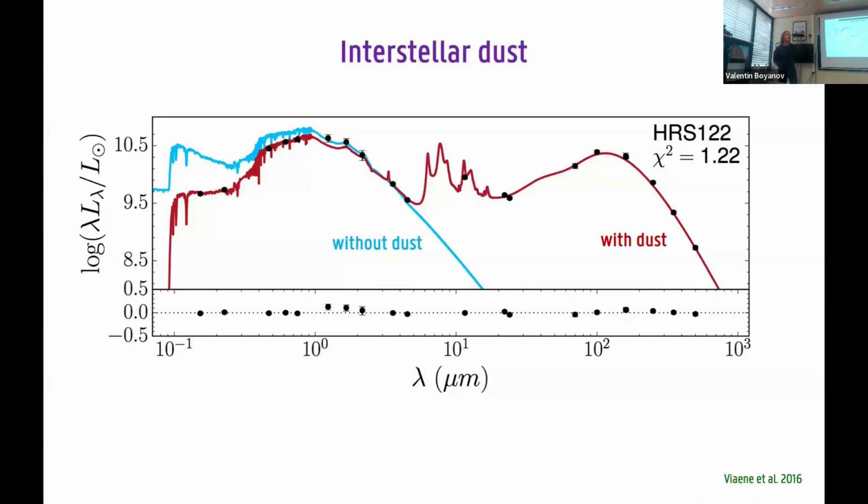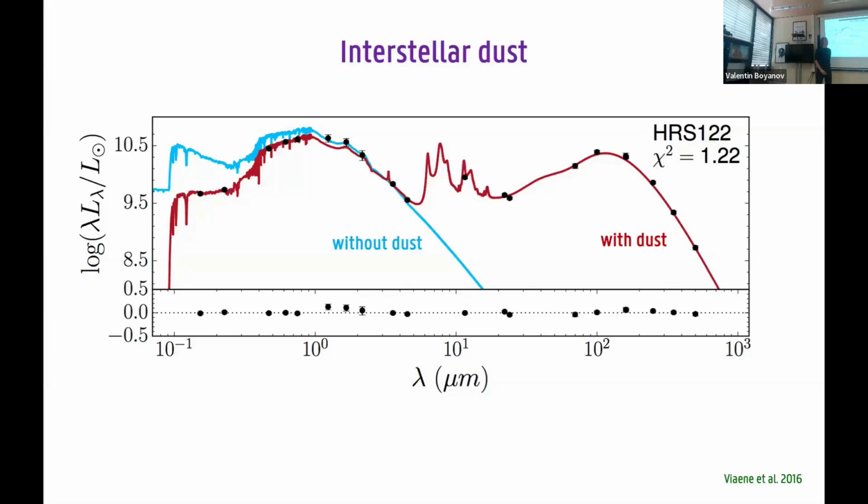If you look at a typical SED, the spectral energy distribution of a galaxy, it's the total amount of power emitted as a function of wavelength. What you would see if there were no dust would be the blue curve. This is just all the stars that emit. They're typically more or less black bodies. So that's the intrinsic spectrum of a galaxy. Now, if you add dust to this galaxy, the SED you get is the red one.